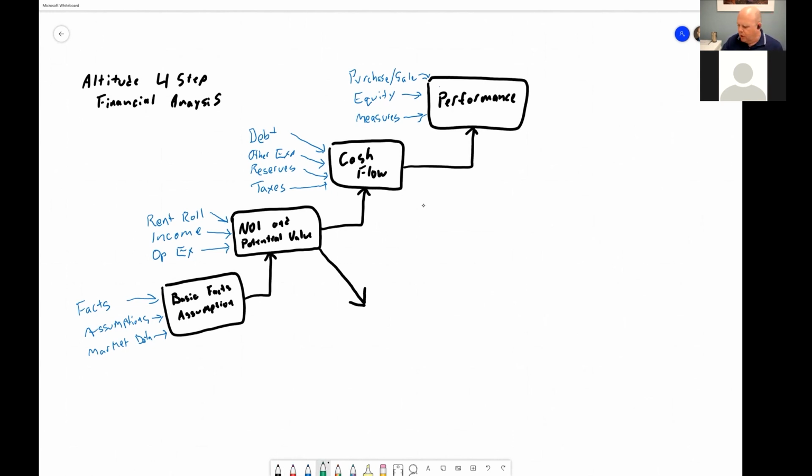So these are the NOI levers. We have our income amounts, and that's rent roll, things like that. And a lot of those things start off as facts, right?